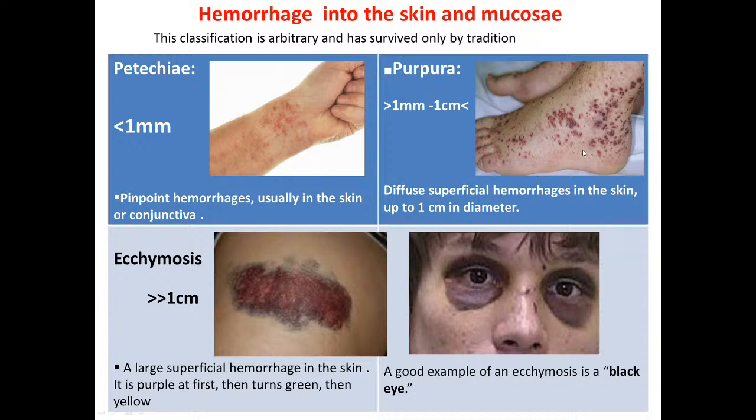Diffuse superficial hemorrhage in the skin larger than 1 centimeter is ecchymosis.